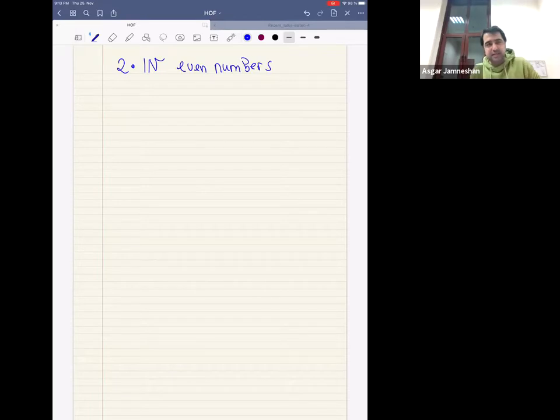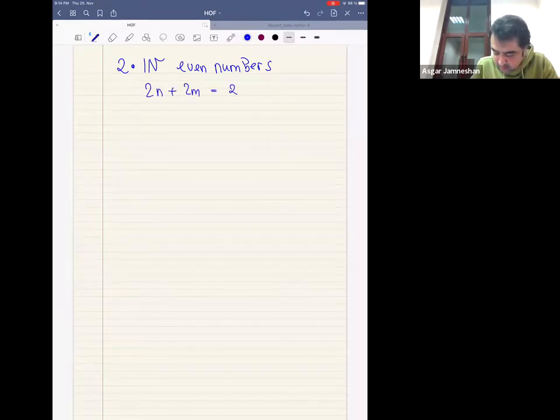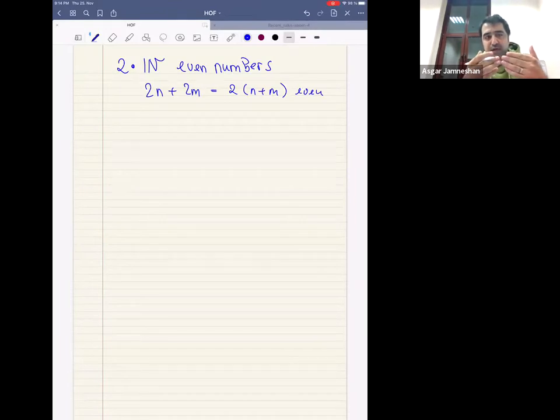Then these even numbers have some arithmetic, or additive, structure, because if I add 2 even numbers, I get another even number. So if I have 2 times n plus 2 times m, then this is 2 times (n plus m), and this is again even.